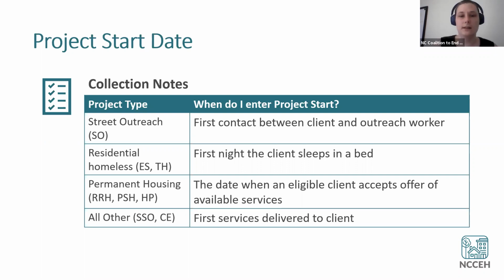So permanent housing project starts shouldn't be when someone is waiting for services to become available, right? It's when there's actually an opening slot, funding available, services available, that you're going to have that start date. And this is also just, again, really about when those core services start, about finding permanent housing.